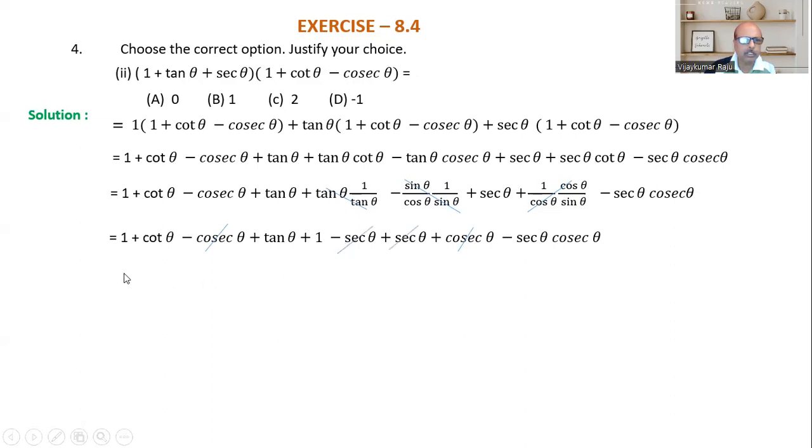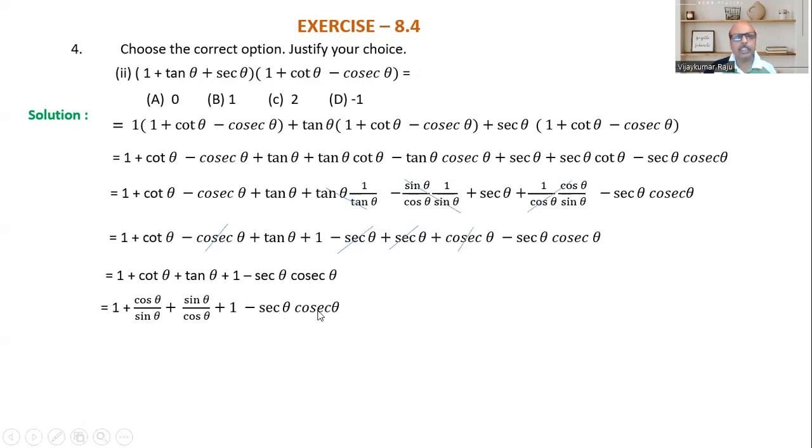So write down what is remaining. 1 plus cot plus tan plus 1 minus sec cosec. Here we have got sec and cosec, and here we have got cot and tan. So let us express this in terms of sine and cos. Cot can be written as cos upon sine, and tan can be written as sine upon cos, plus 1 minus sec cosec.